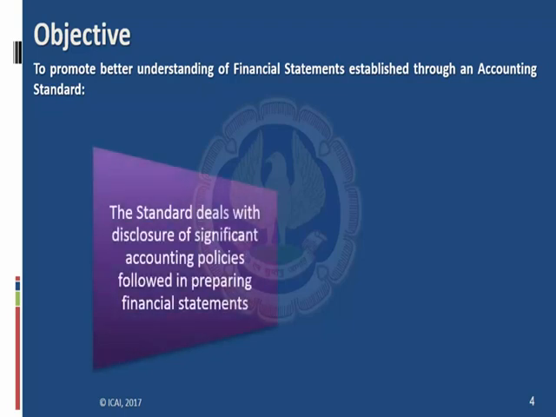So this standard deals with disclosure of significant accounting policies followed in the preparation of financial statements. The prime objective is to describe and disclose the significant accounting policies. Accounting policies are the rules, methods, principles and mechanisms used for the accounting and reporting of the financial statements of an entity.